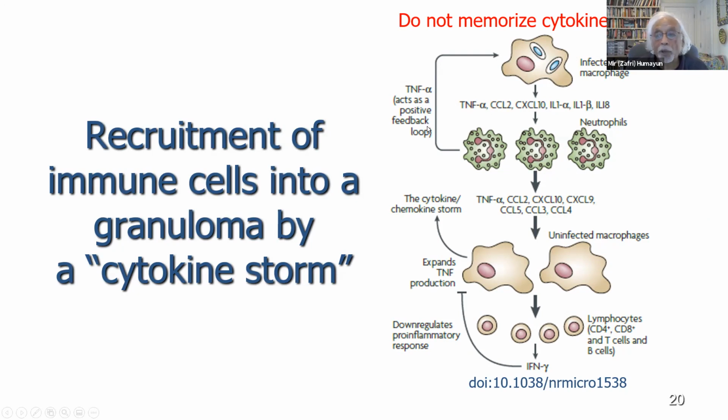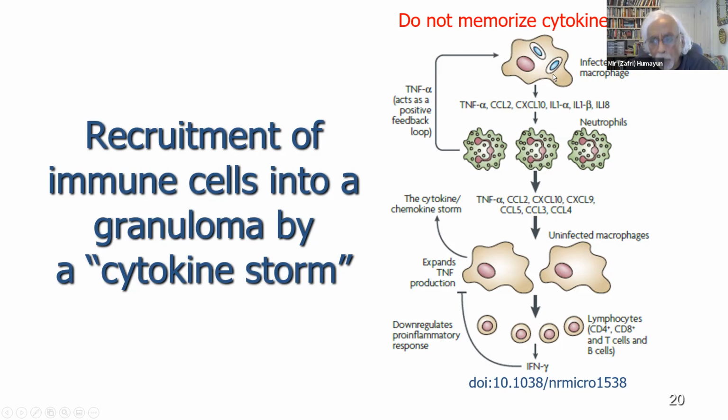Oh, by the way, very important: you don't need to memorize the names of individual cytokines or chemokines here. There are only about two or three names that I'll mention that are actually important that you might want to remember. So an infected macrophage, shown here in diagrammatic form, produces a number of cytokines and chemokines.